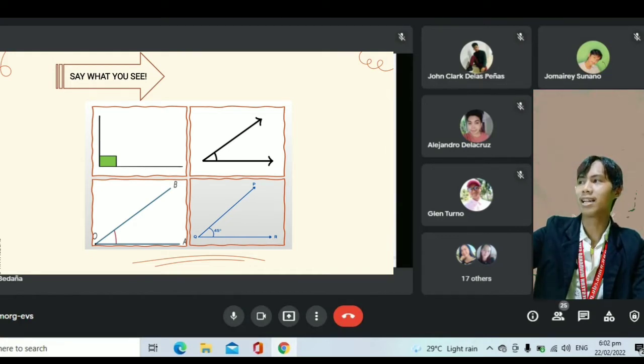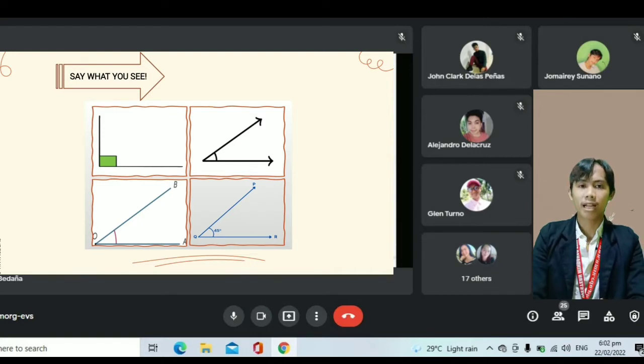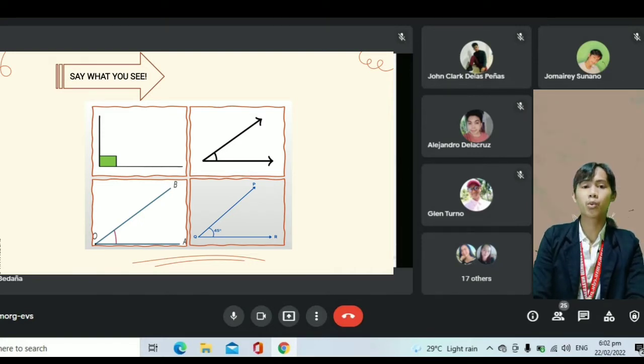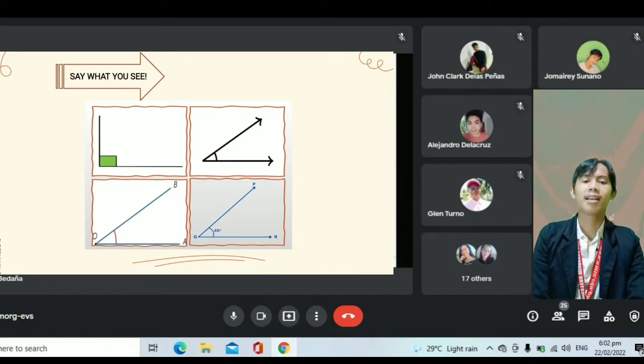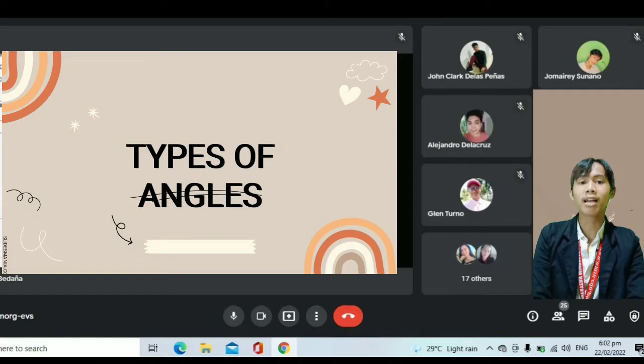Okay, exactly. Now, let's move on to our lesson. Based on the picture I presented, what is our lesson for today? Yes, Miss Eno. Okay, very good. Exactly. We are going to tackle the types of angles.